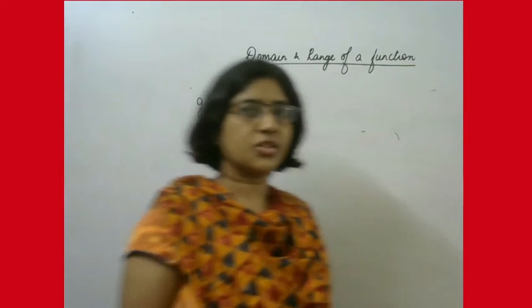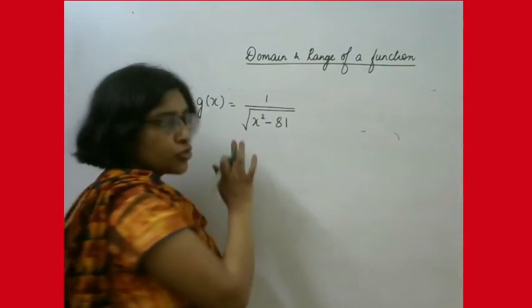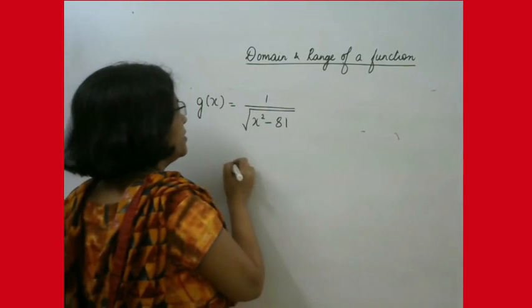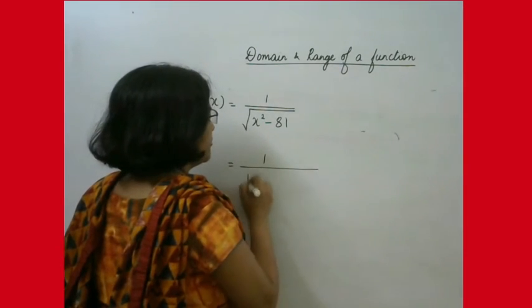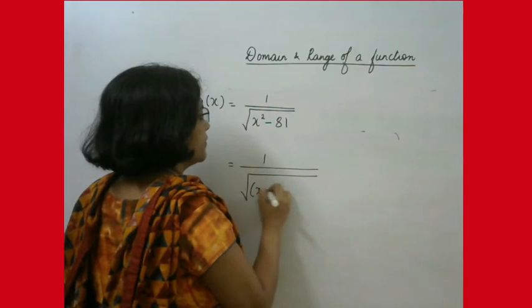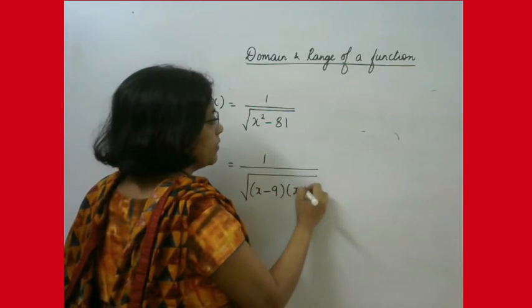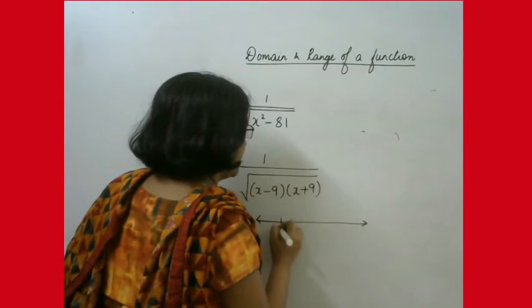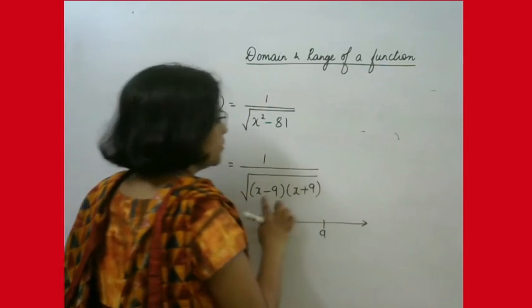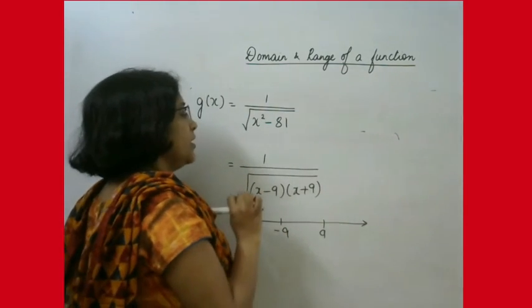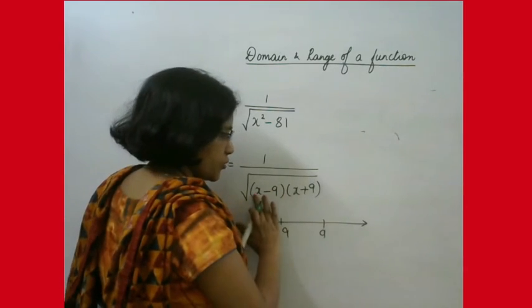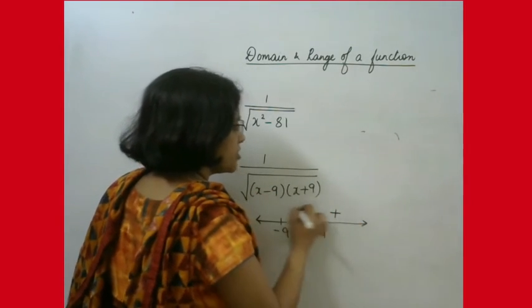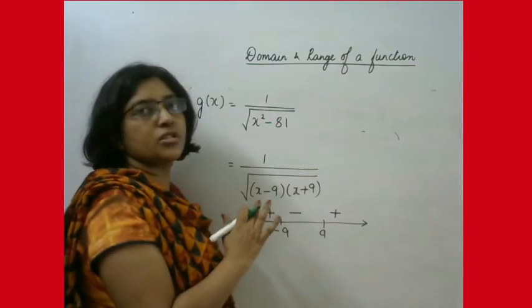Going up to the next question, it is 1 upon root of x square minus 81. So factorize it. Mark the critical points, minus 9 and 9, equating both of these to 0. Since it is variable minus number, it is positive, negative and positive.